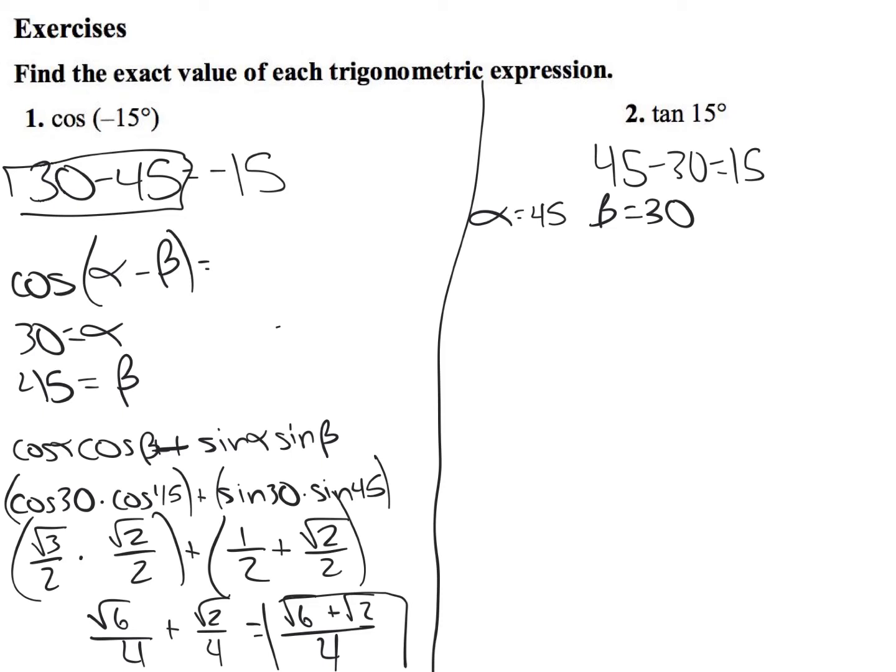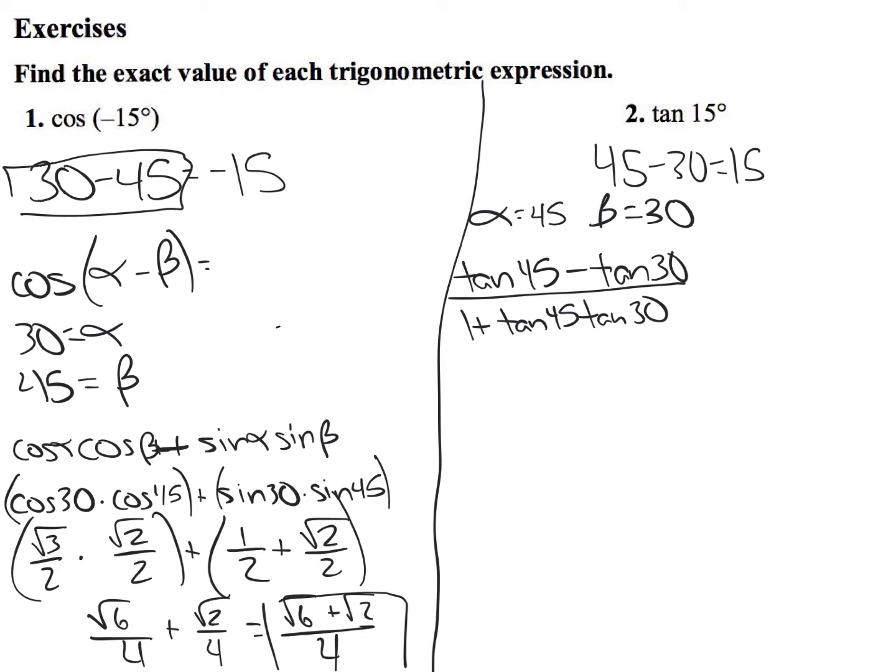We take tangent of 45 minus tangent of 30 over 1 plus tan 45 times tan 30. That's literally just using the difference formula.